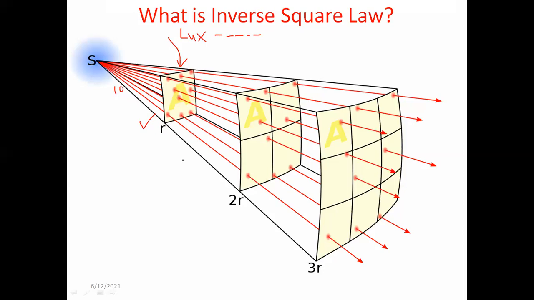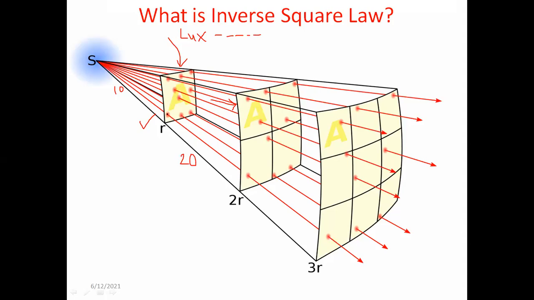Now if it is increased to 20 meter, the cone or the area due to the wavefront of the light is spreading. If we take every ray on the wavefront, we can observe the intensity.